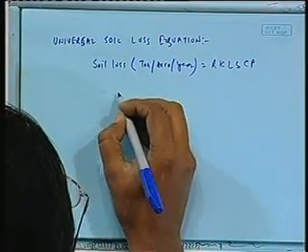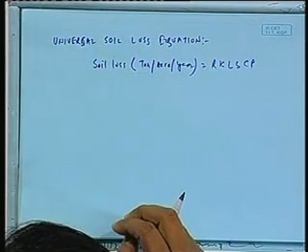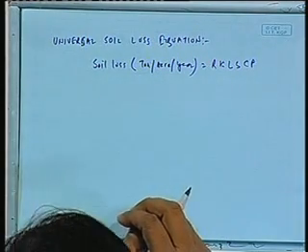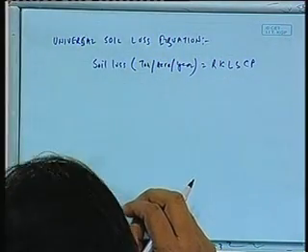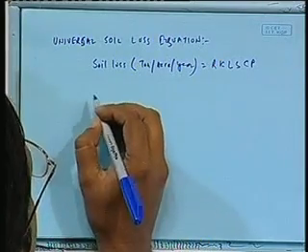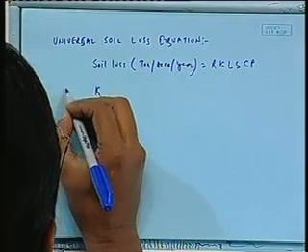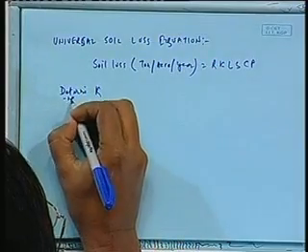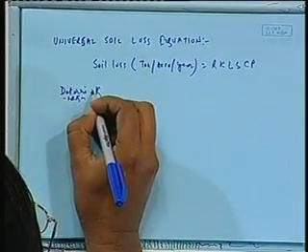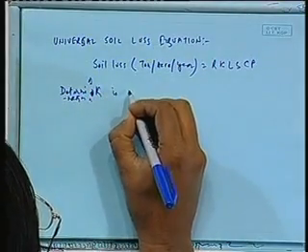In the last class, I was talking about how to determine the different factors. K, determination of K, is explained.